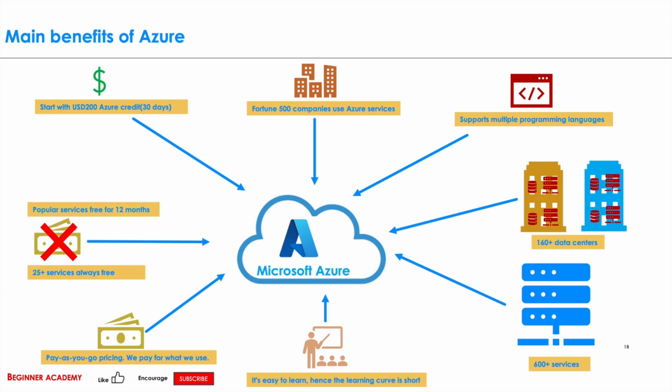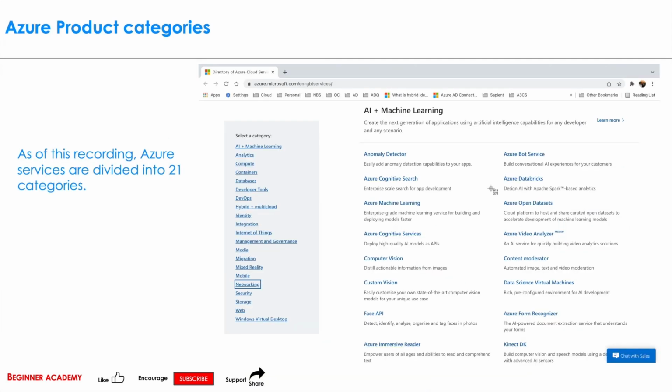Let us talk about the next topic, that is Azure product categories. As I told in the earlier slide, as of the recording of this video, there are 21 categories. All the 600 plus services are divided into mainly 21 categories, and these categories are shown in this screenshot from Microsoft.